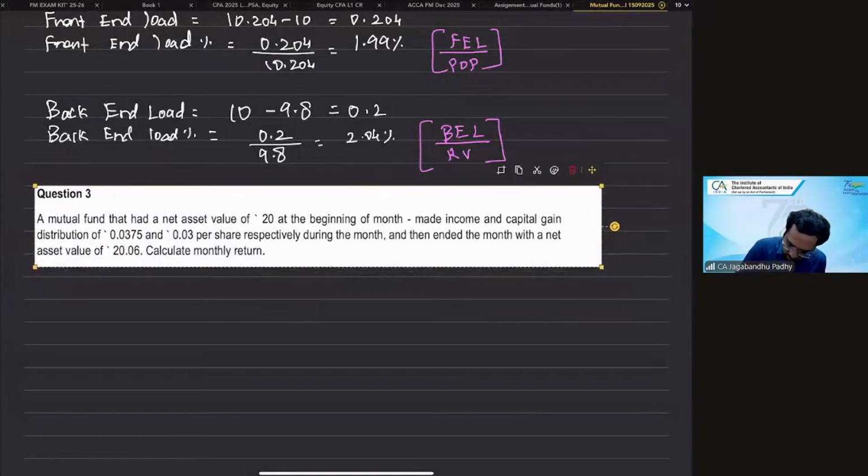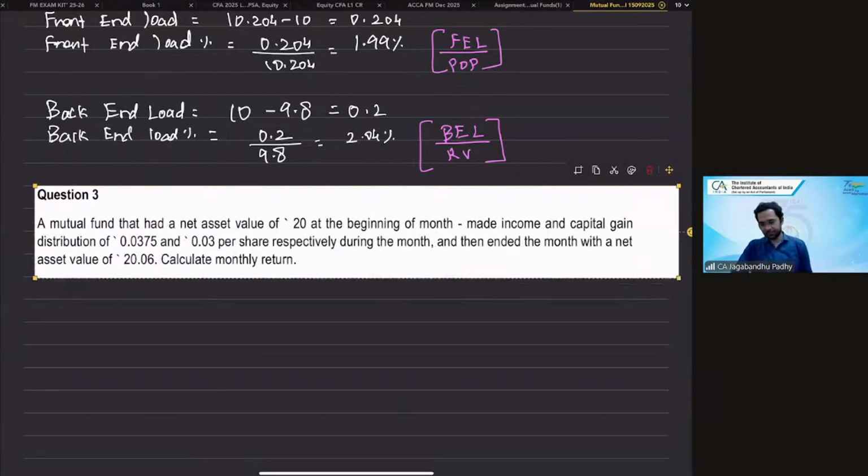Just try out this question 3, guys. It's a very simple question.